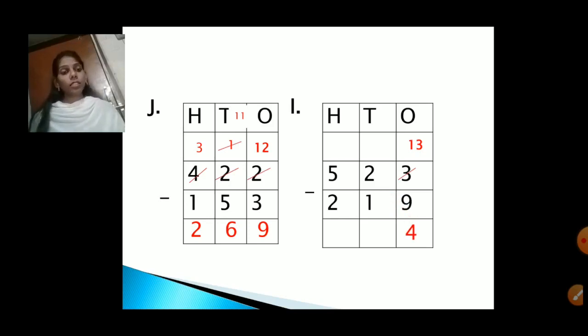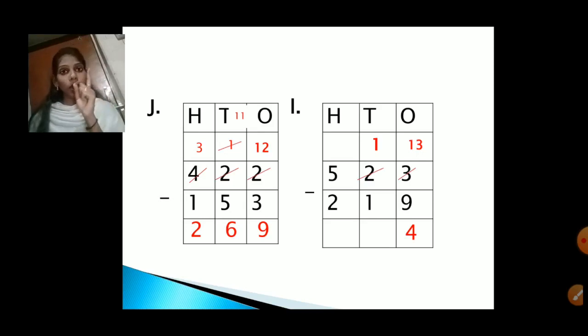Now we will do tens place subtraction. Right? But we already took 1 ten from the tens column. So first we will cut 2 and we will write 1 because 2 minus 1 is 1. Now we will do the subtraction at the tens place. 1 minus 1.